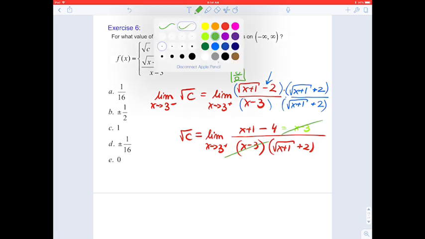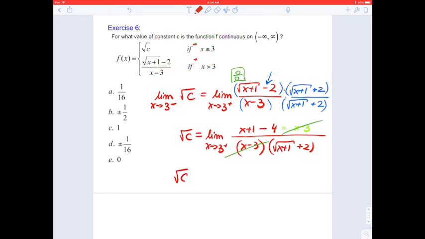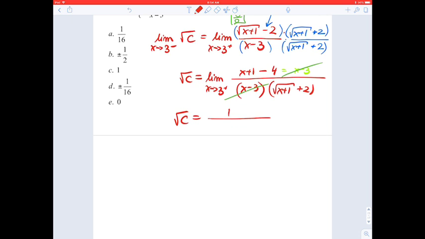It's gone. That means the limit is now equal to 1 on the top, and on the bottom I can substitute 3. Square root of 3 plus 1 is 4. 2 plus the square root of 4 is 2 plus 2, which is 4.